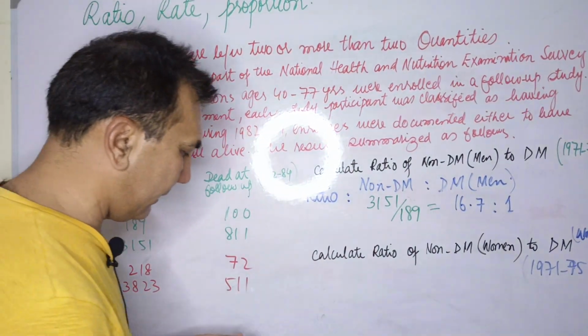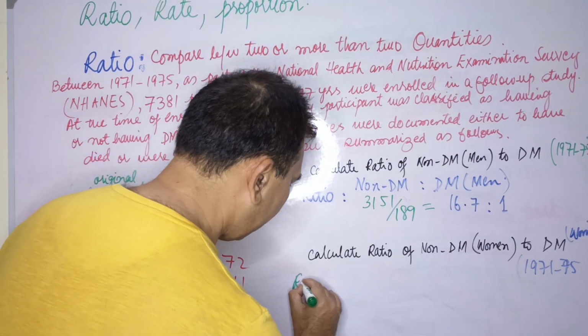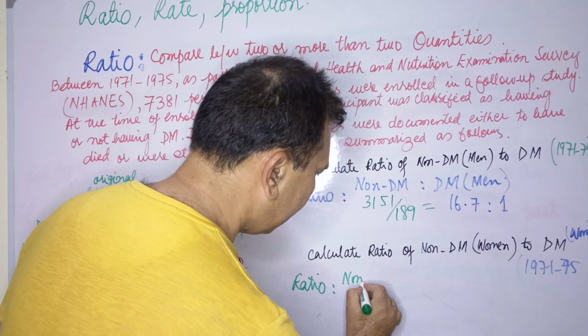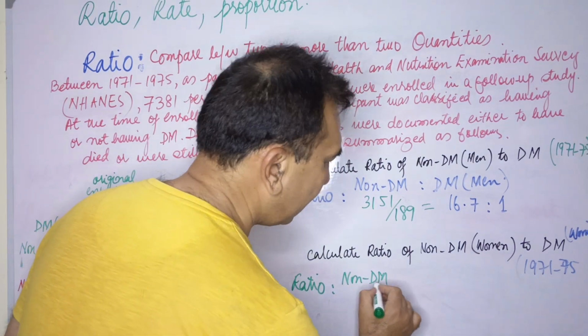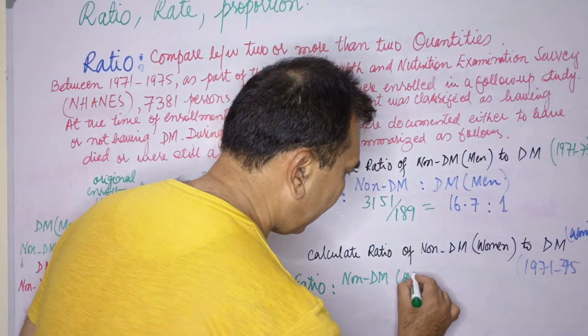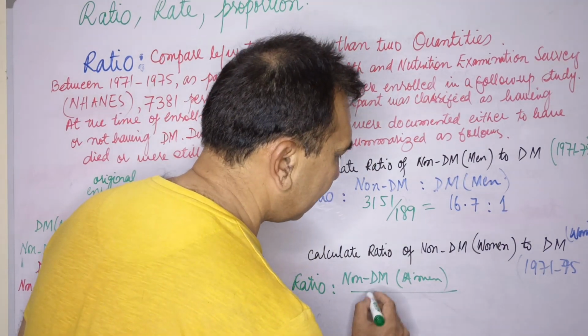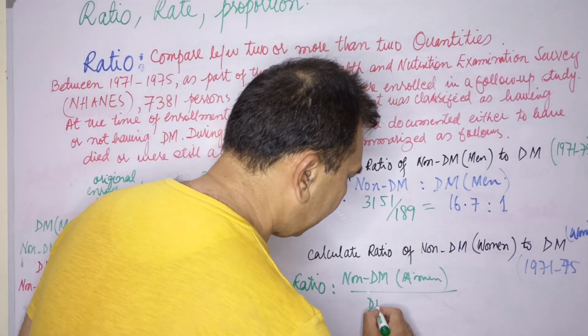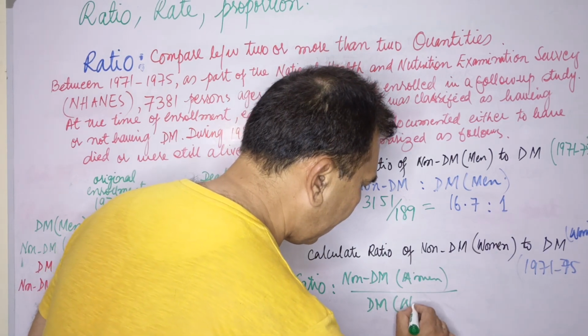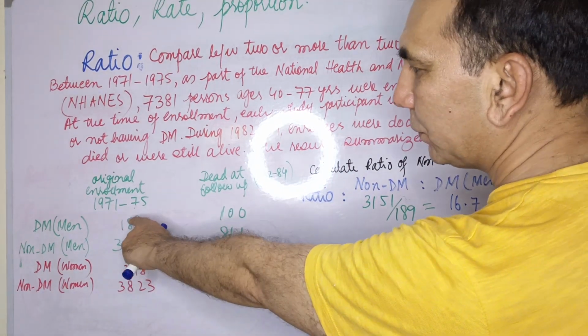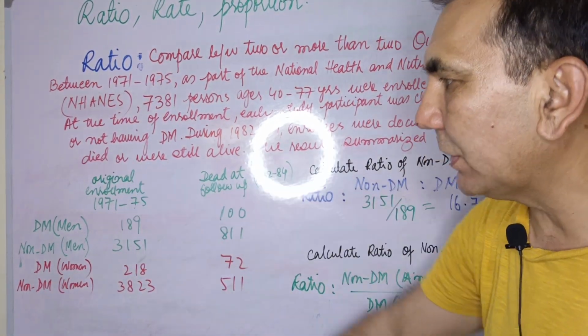Again we will find the ratio of non-diabetic women divided by diabetic women in 1971 to 75 in the original enrollment.